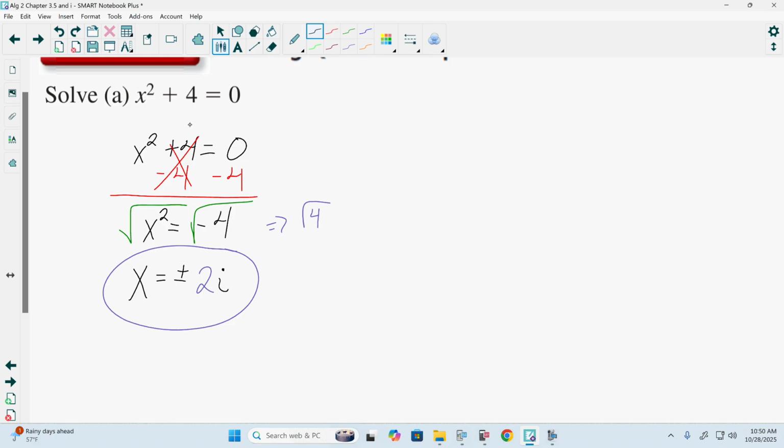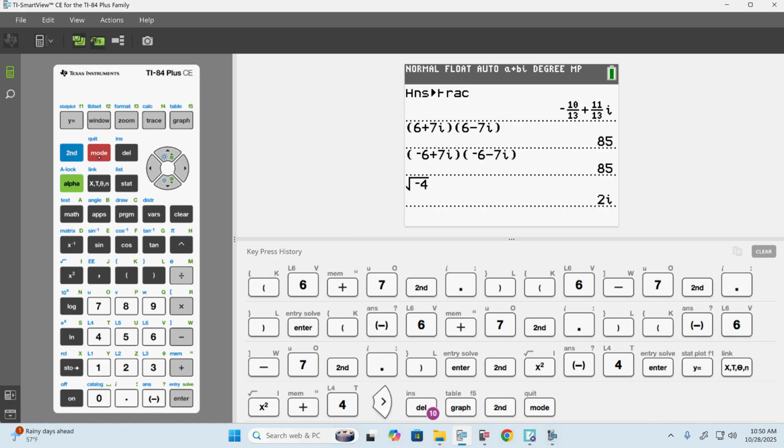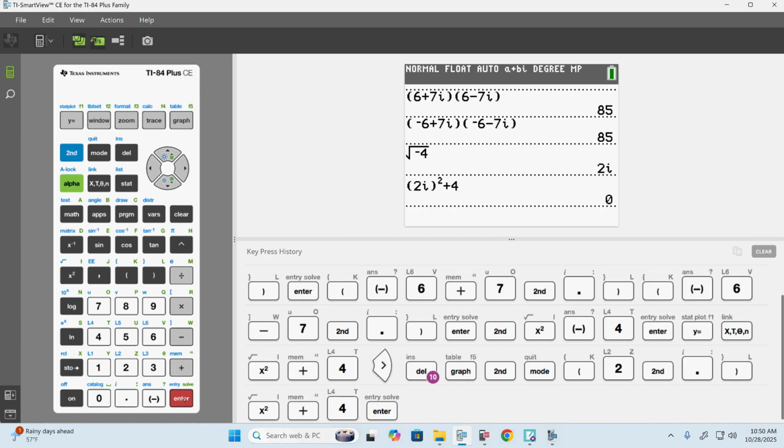Now, as I said before, if we're not sure, we can always check it, and it seems odd that we can check it with 2i, because 2i squared plus 4 should equal 0. Now, we can actually check this in the graphing calculator. We can say parentheses 2i squared plus 4, and it'll tell us it is indeed 0.